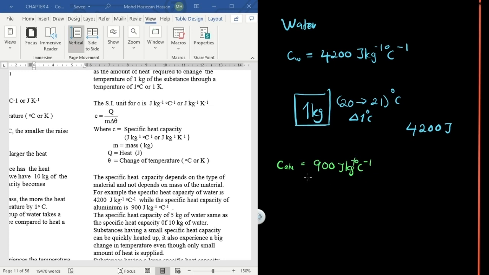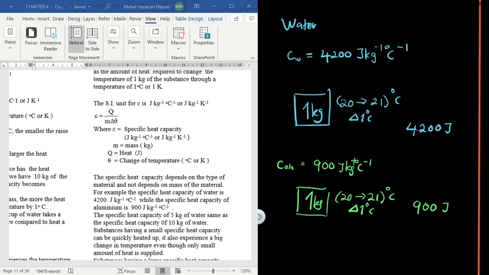So if we have 1 kilogram of aluminium and we want to change the temperature from 20 to 21, let's take the same temperature numbers, that means there is a 1 degree Celsius change. So what is the amount of heat required? Based on this information, the amount of heat required is 900 joule.